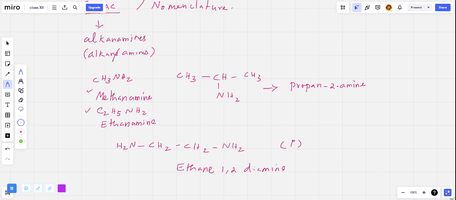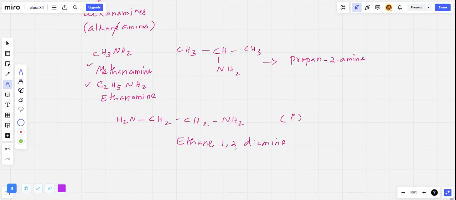So the name of this one is ethane-1,2-diamine.